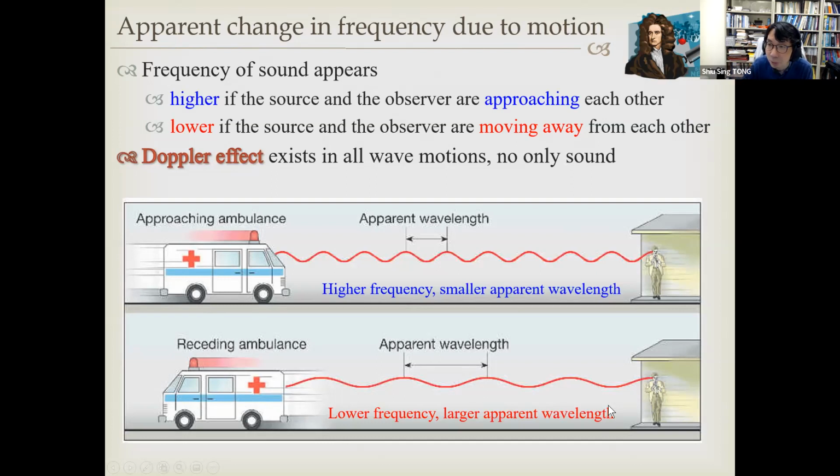Okay, you will hear a sound of lower pitch. So the change is brought about by the motion of the sound source, right? When the source is approaching you, the frequency sounds higher. When it's moving away from you, the frequency sounds lower. And this is called the Doppler effect. And the Doppler effect actually exists for all wave motion, not only limited to sound.